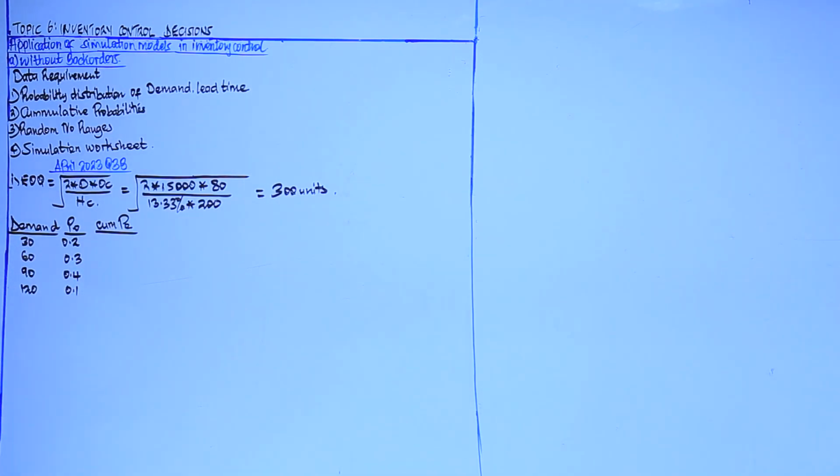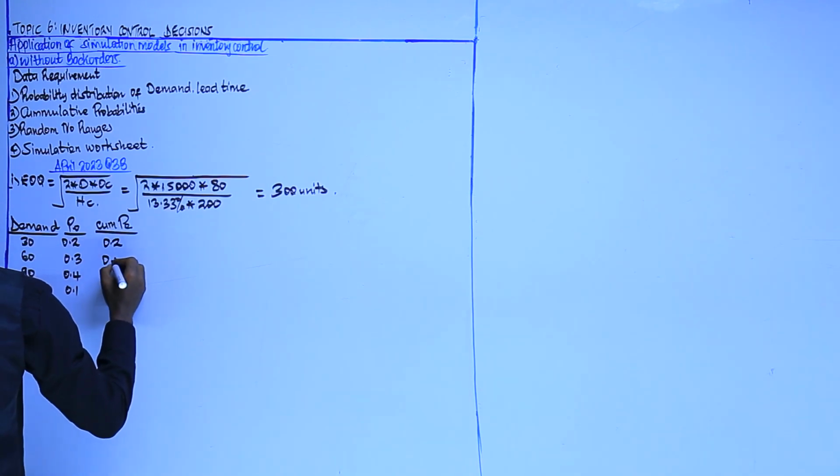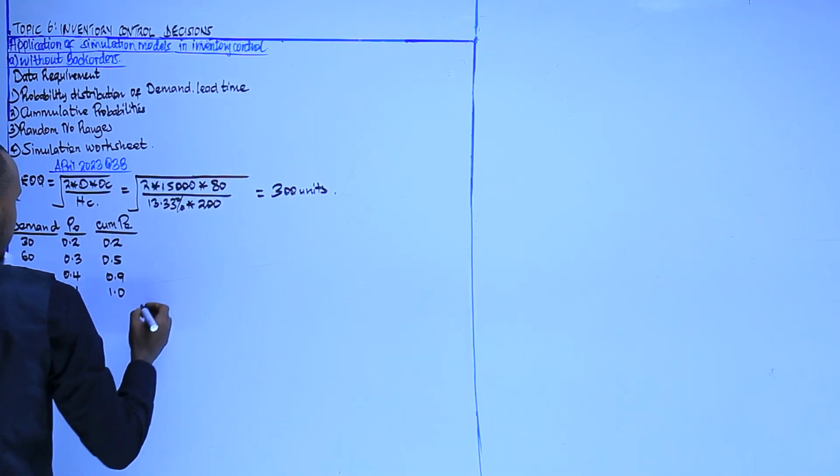We want our cumulative probability: 0.2, 0.5, 0.9, and that is 1.0.